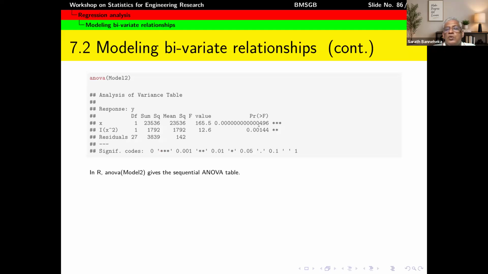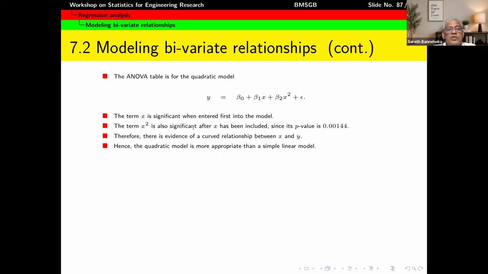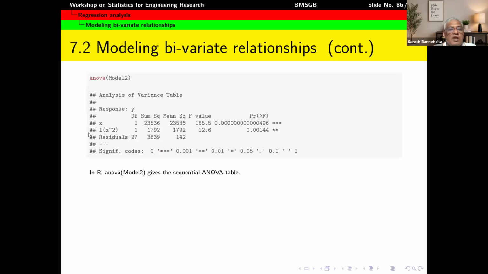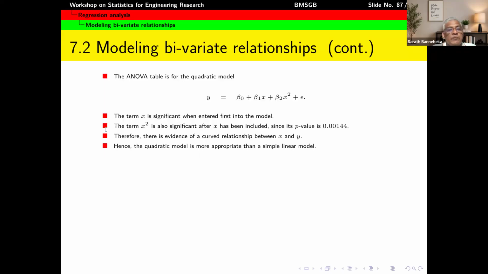When X is entered into the model first, it is significant. The term X square is also significant after X has been included, since its p-value is this value. So that means after including X, the X square term is still significant.